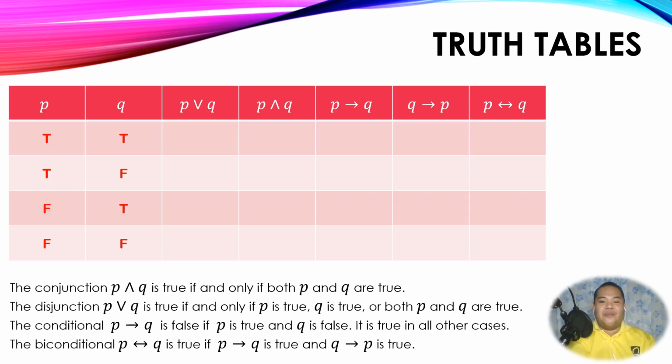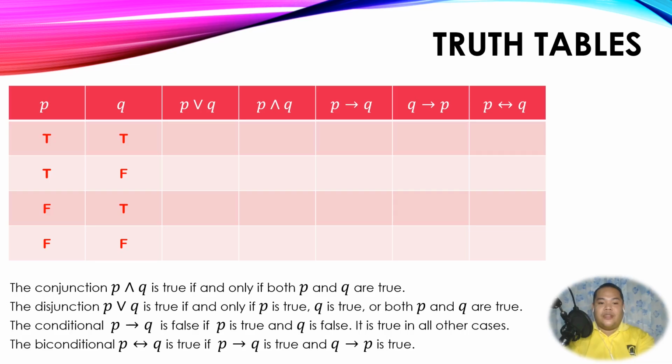Now, we can supply the missing cells. Remember the rule for truth values. The conjunction P and Q is true if and only if both P and Q are true. The disjunction P or Q is true if and only if P is true, Q is true, or both P and Q are true.